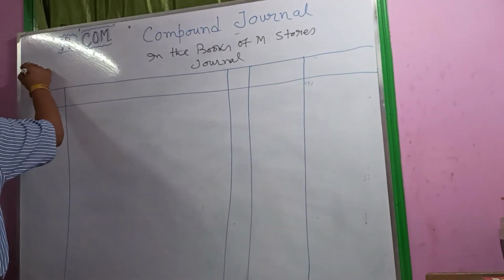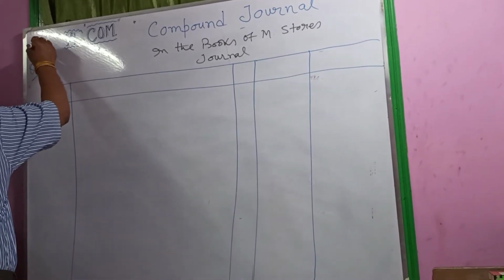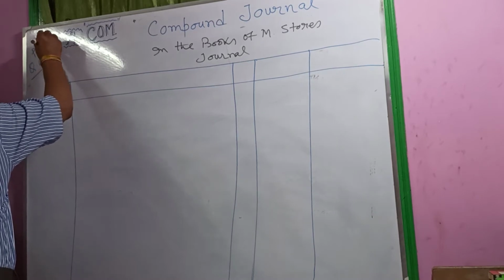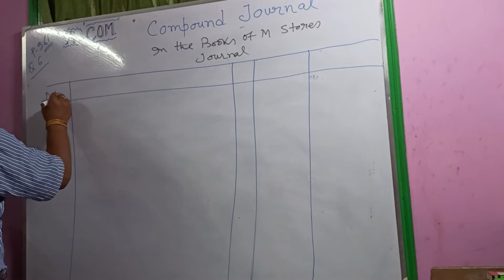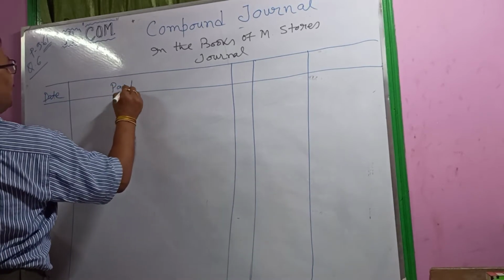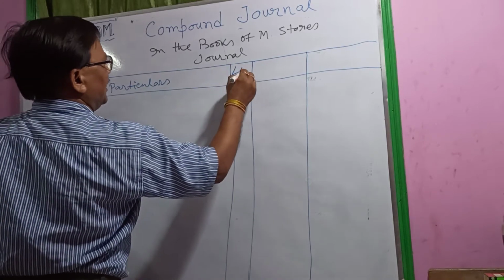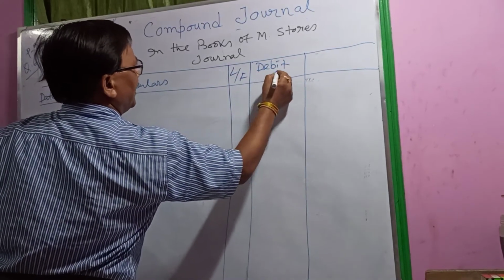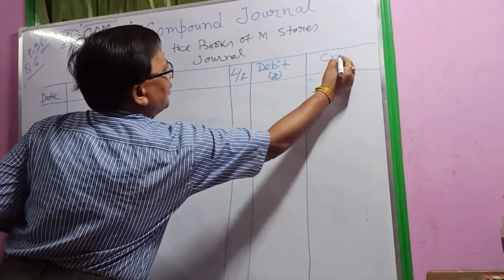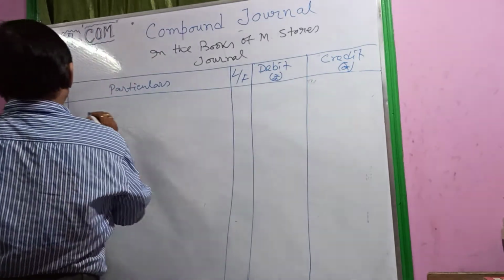Question number 6, page number 9.61. Now this is the right format: date, particulars, ledger folio, debit amount, credit amount.